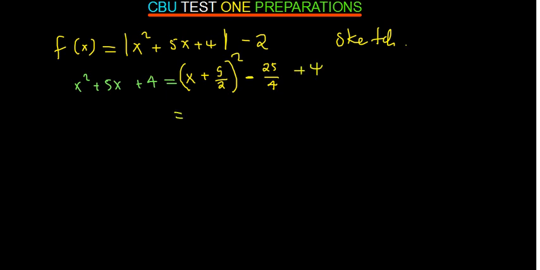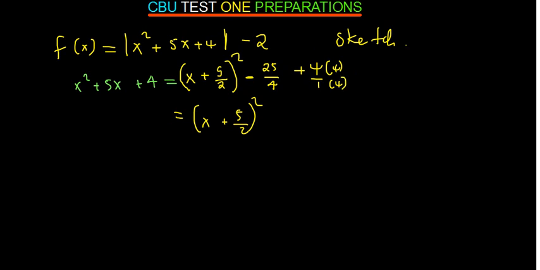So this is going to be the same as x plus 5 over 2 squared. Now since we have 4 in the denominator, and we know that 4 is the same as 4 over 1, I multiply on top by 4, and the bottom by 4. The aim is just to make the denominators the same. So 4 times 4 is 16. So negative 25 plus 16. What do you get?